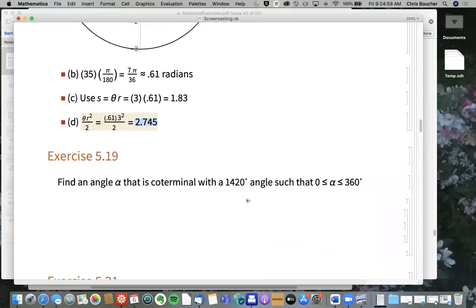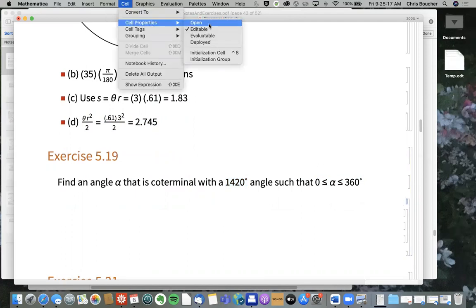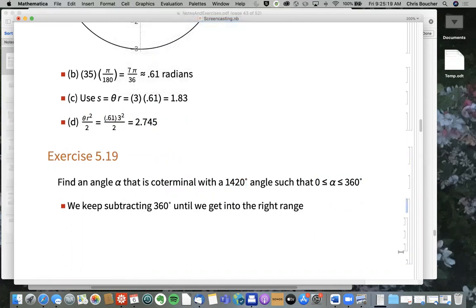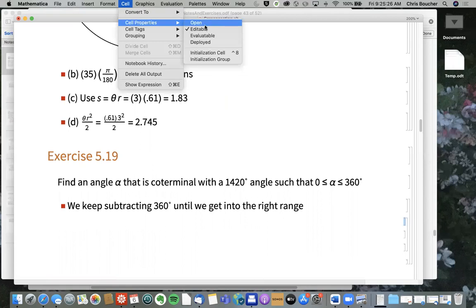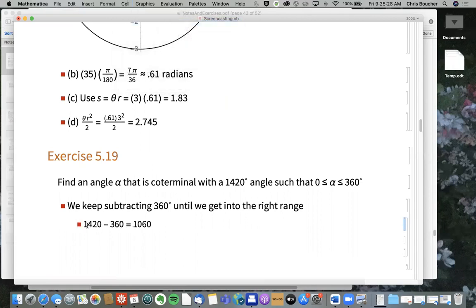Okay, let's try to find an angle that is coterminal with 1780 degrees, and we're looking for one between 0 and 360. Again, when we have a large angle like this, it just means that the angle effectively wraps around the circle multiple times. So we're just going to keep subtracting 360 from this figure, because when I subtract 360, I just go one less revolution around the circle, right?